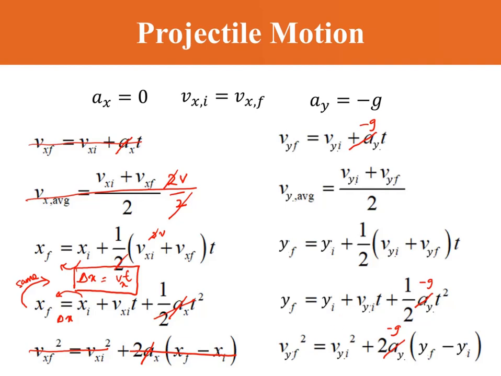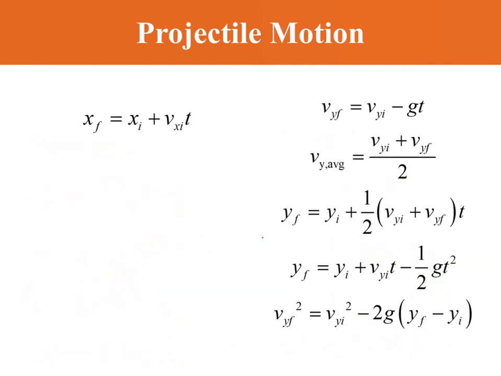Later we can sum up the equations for projectile motion. For the x equation we have delta x equals vx t.